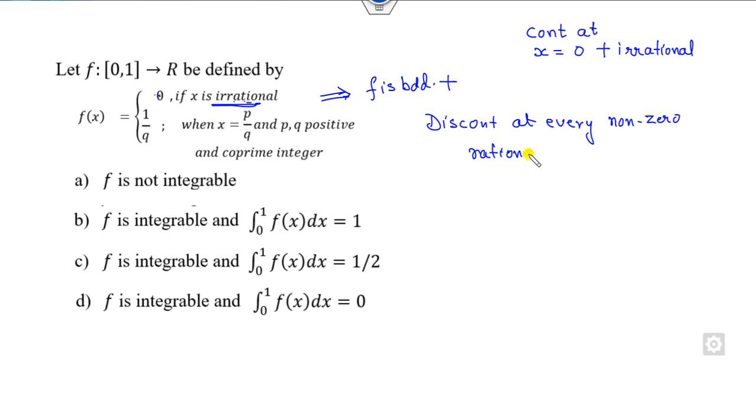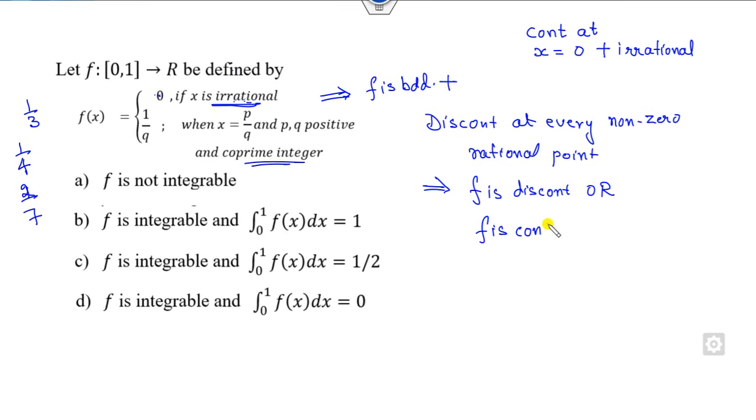Fine. Clearly it's 1 over q, and if I take 1 over 3, then 1 over 4, 1 over 7, if I take p and q such that they are co-prime, or 2 by 7, clearly this answer will be 1 over 7, 1 over 4, they are not continuous. So discontinuous at every rational point. So what does it mean? F is discontinuous, or you can say F is continuous except at certain points.